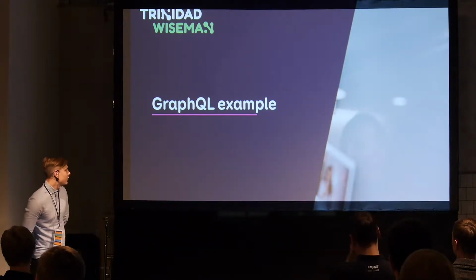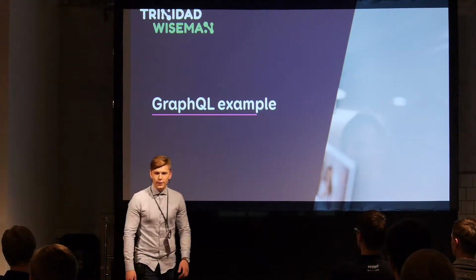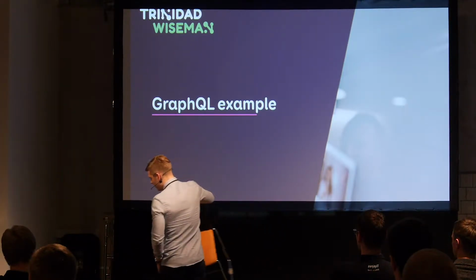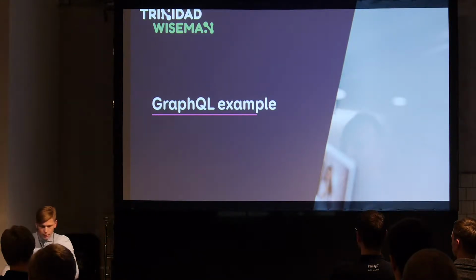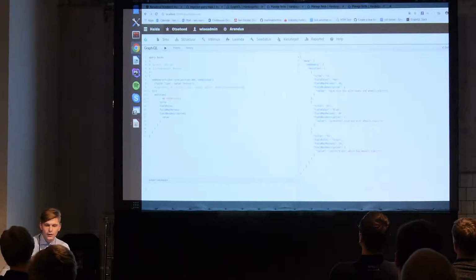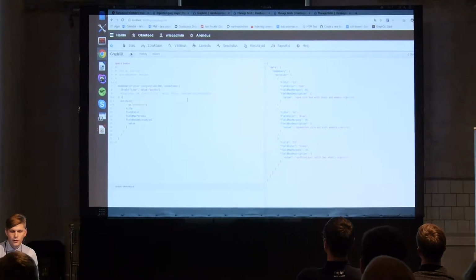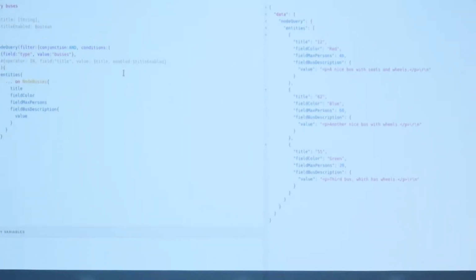So now I would like to show you a little example of how we write a GraphQL query. Maybe I can take this chair. So here is the GraphQL interface. We use it to write and test our queries before they are turned into query maps and used in the front end.